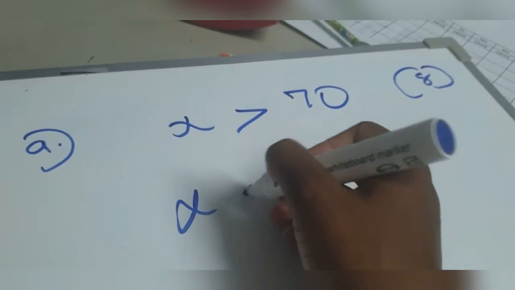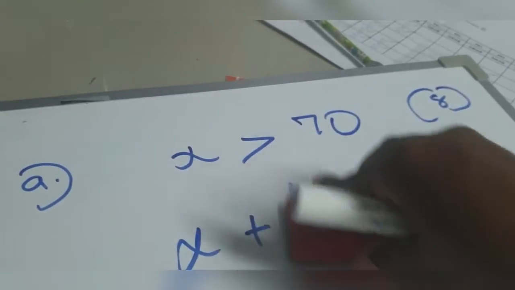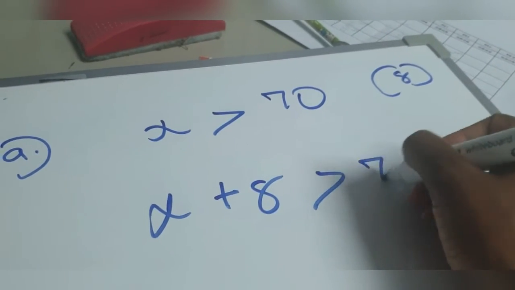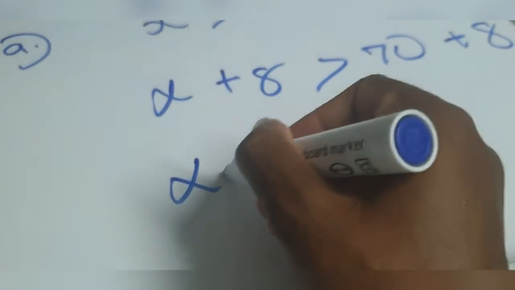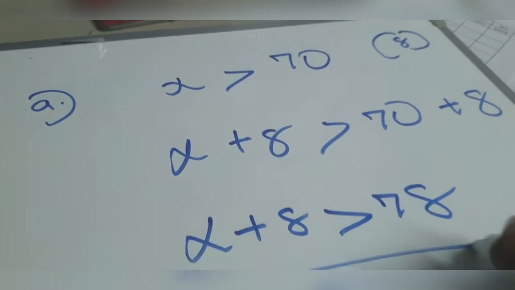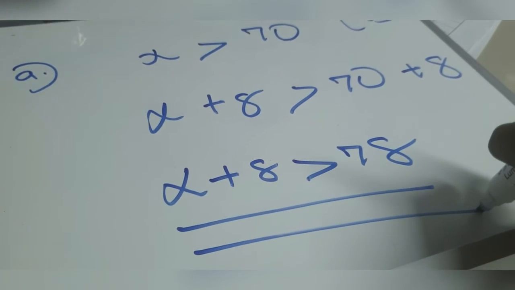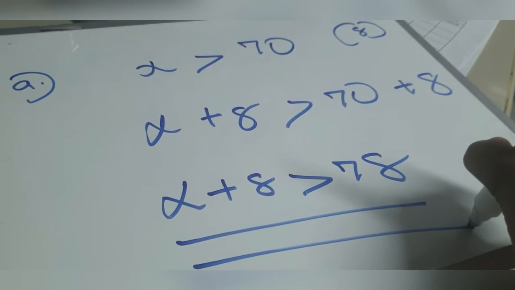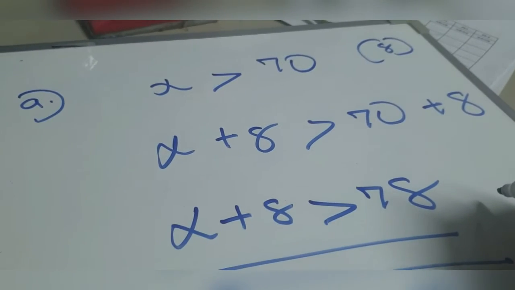So you have x plus 8 is greater than 70 plus 8. So our answer is x plus 8 is greater than 78. And we are going to leave it at that because we are looking for a linear inequality. We are constructing, not solving the answer, okay?